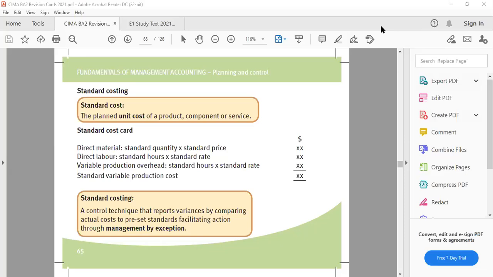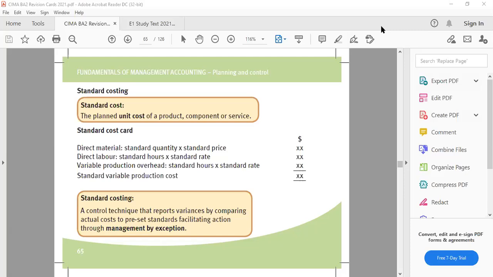Then when the actuals take place, the actual cost or actual revenue is used to compare with the standard costs or the standard prices, to understand whether whatever was decided has been implemented accordingly or there is any variation. What is standard costing? A control technique that reports variances by comparing the actual costs.